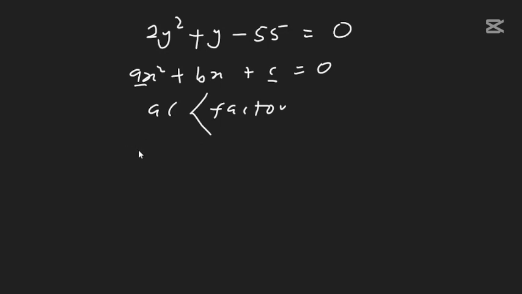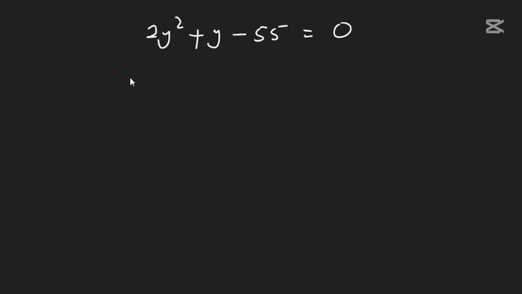So this is giving us 2 multiplied by negative 55 is negative 110. So the factors are 11 and negative 10. When we add 11 and negative 10, we get 1, which is the coefficient of y. But when we multiply them, we get negative 110.